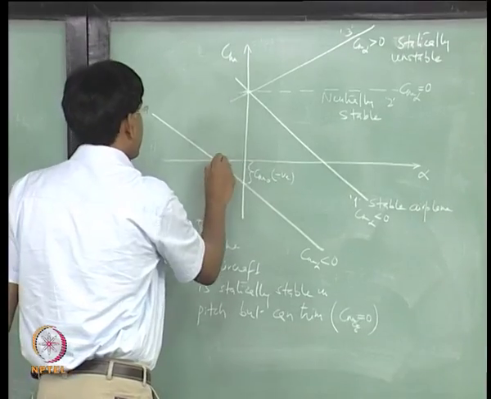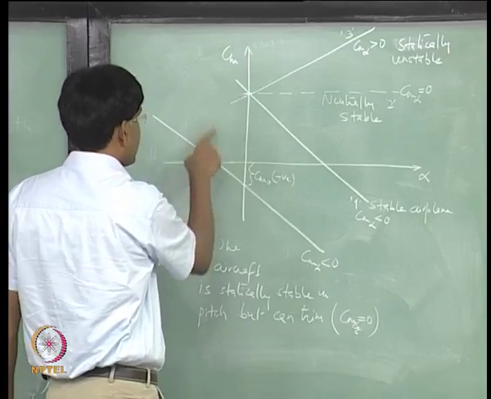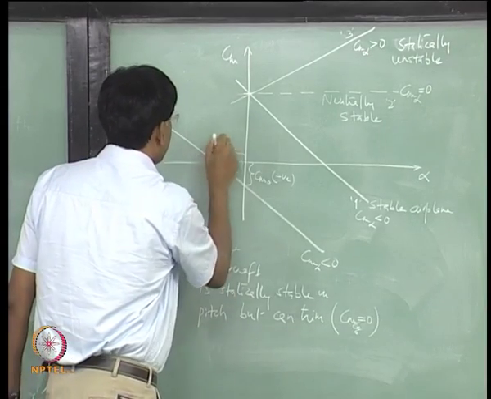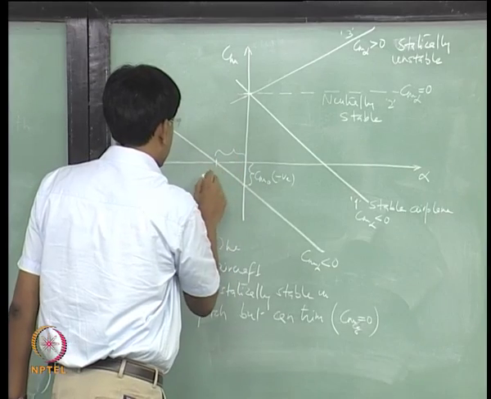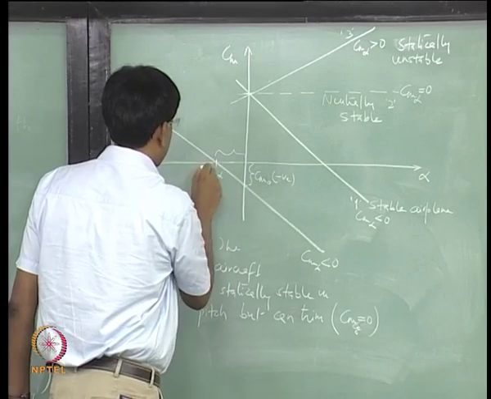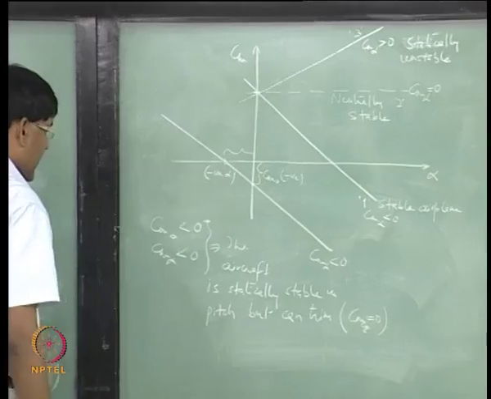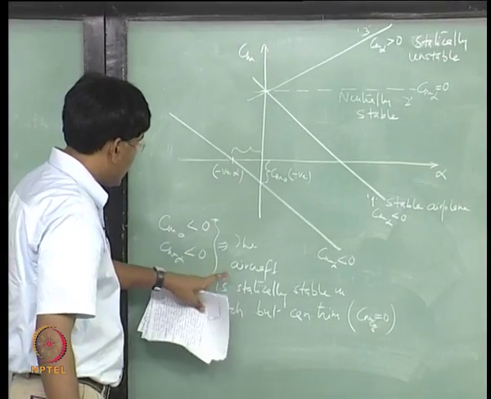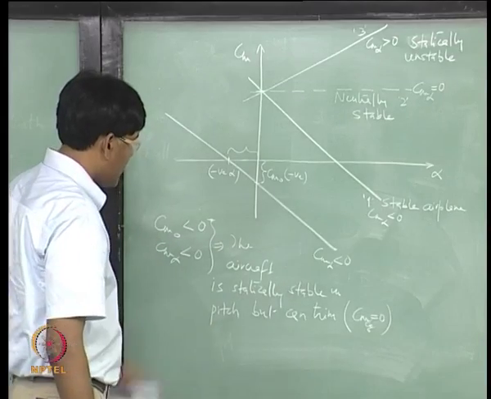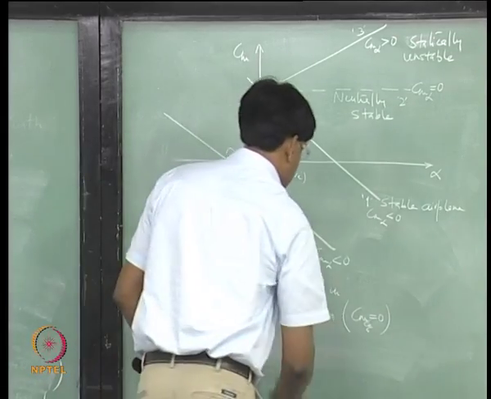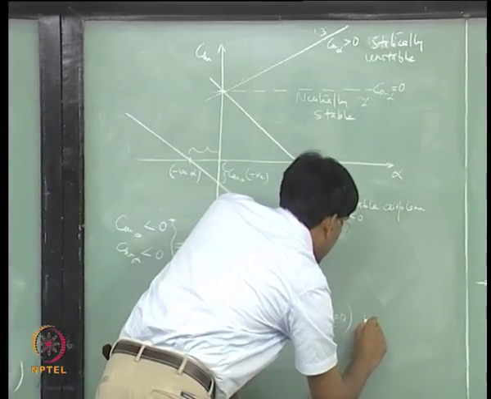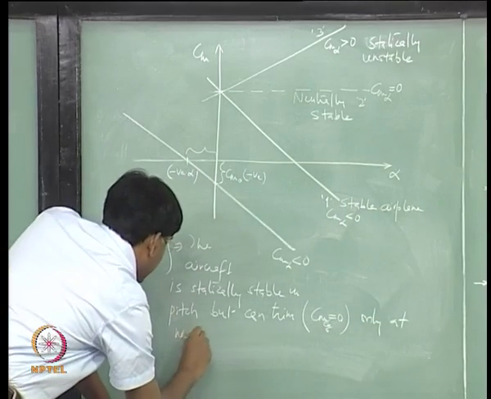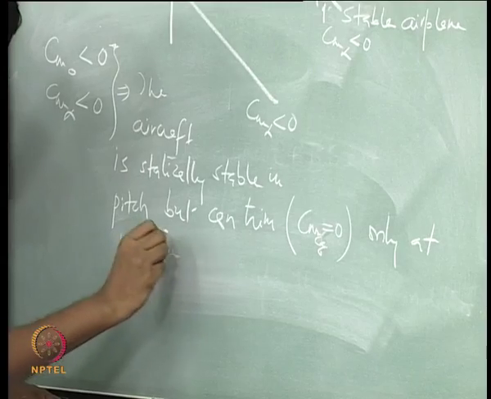So, here is where the Cm becomes 0, and that gives me an alpha which is negative.